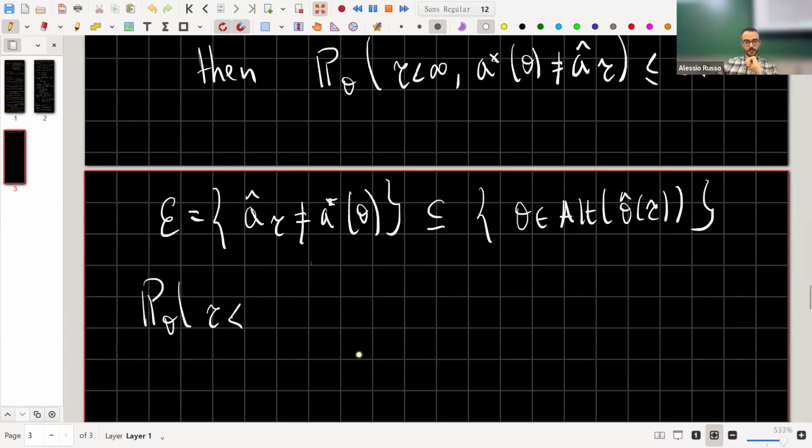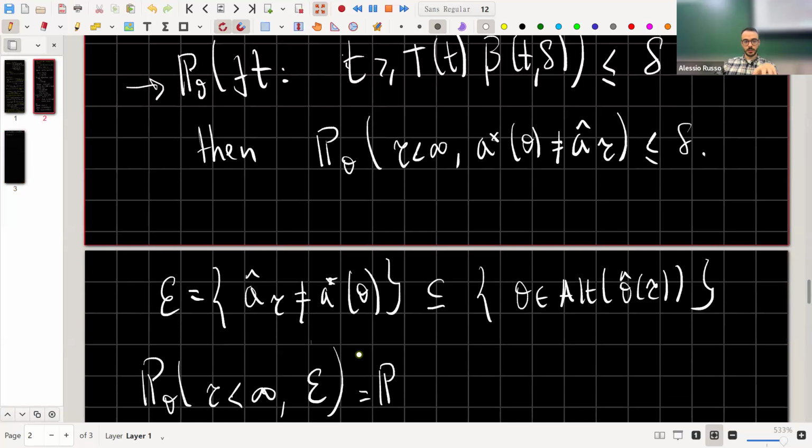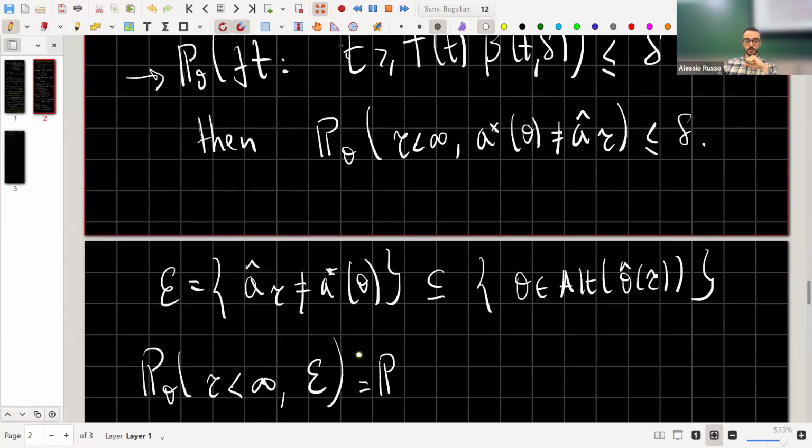So the probability that tau is smaller than infinity, intersected with the event E. What is this statement exactly? We are using a stopping rule, this one: the minimum time t such that this inequality holds.